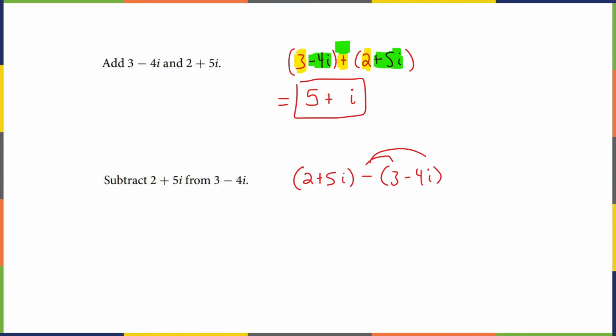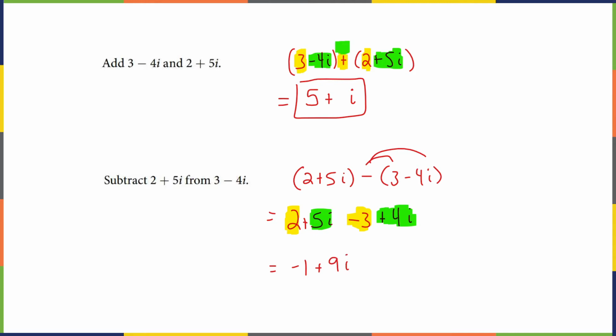So if I were to distribute my negative, it becomes 2 plus 5i minus 3 plus 4i, and then I can say, all right, I have 2 minus 3 is going to give me negative 1, and I also have 5i plus 4i, which gives me plus 9i.